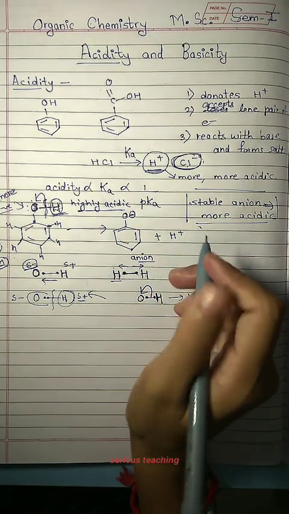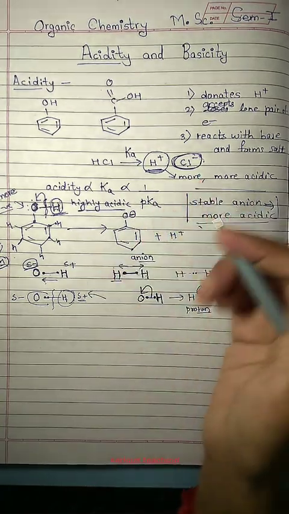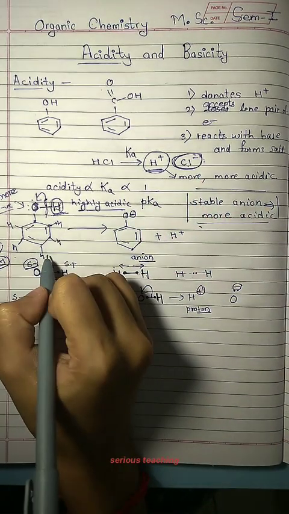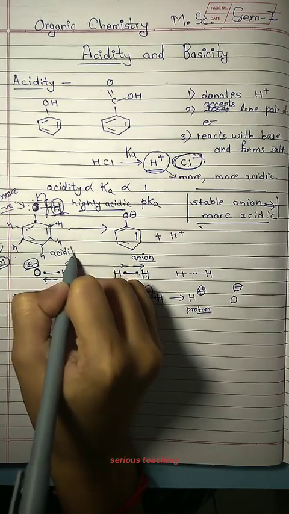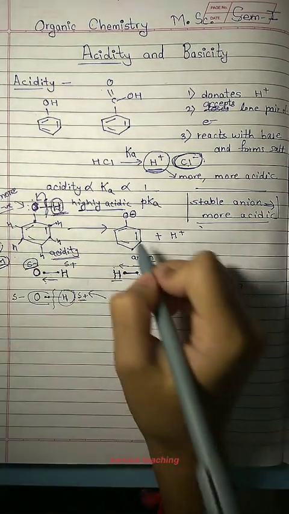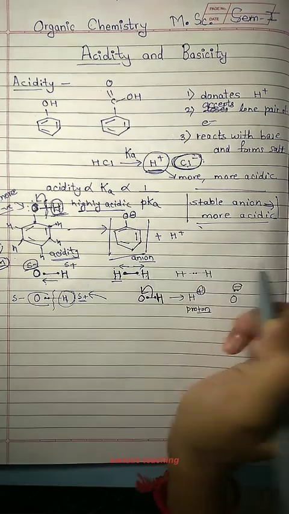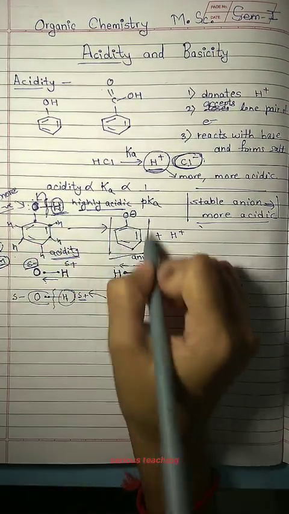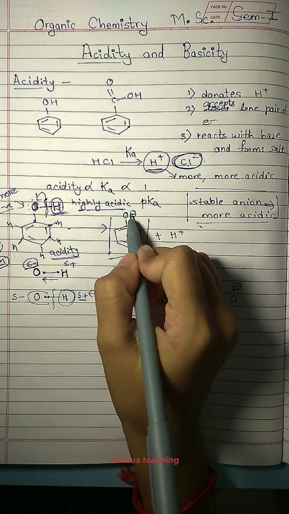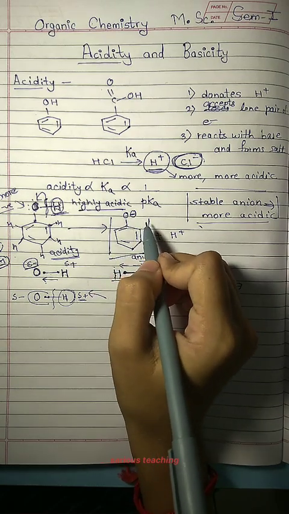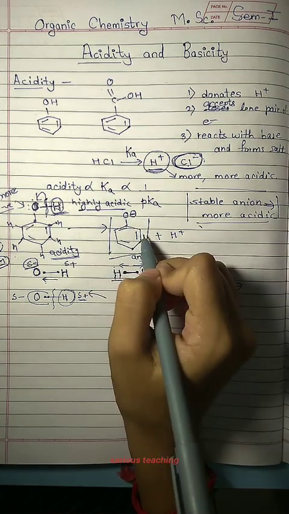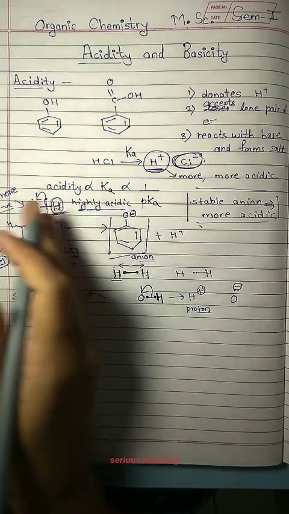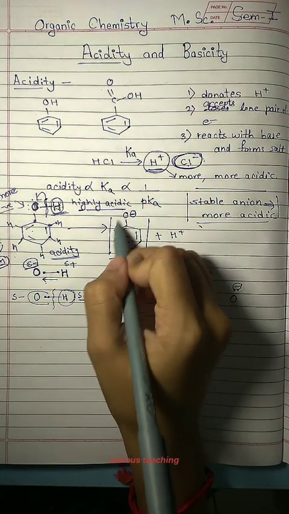So if we have to check the acidity of this original compound, we simply have to check the stability of this anion, because here OH is there and here this anion, the phenyl anion, is formed. If this anion is more stable, then of these two compounds, this compound will try to be in this state.